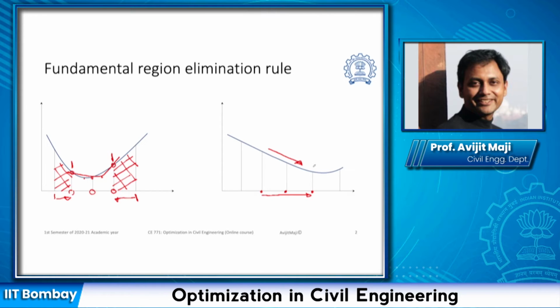If we come to this situation, we can clearly say that the optimum solution in case of a minimization problem is not going to lie at any point beyond this middle point. So logically we can say that the portion beyond this middle point on the left hand side, which I am hashing, is not going to have the optimum solution, and we can eliminate this region and concentrate our search between this point and this point.